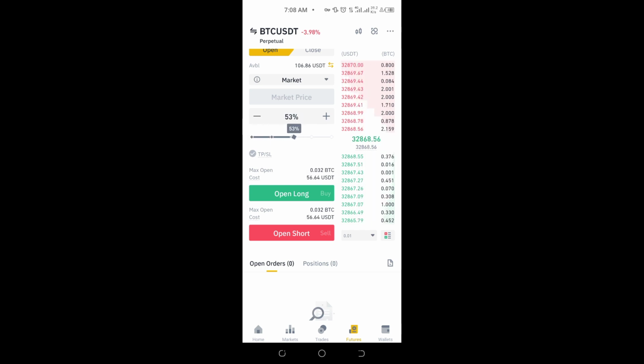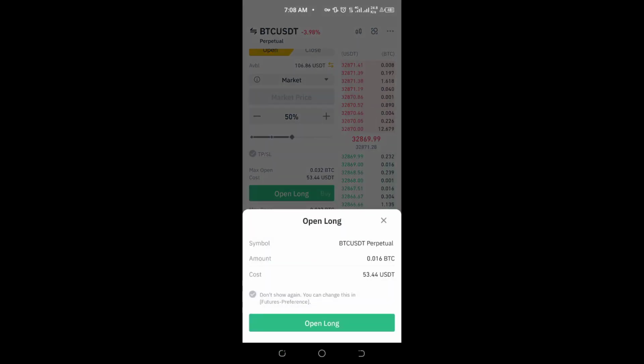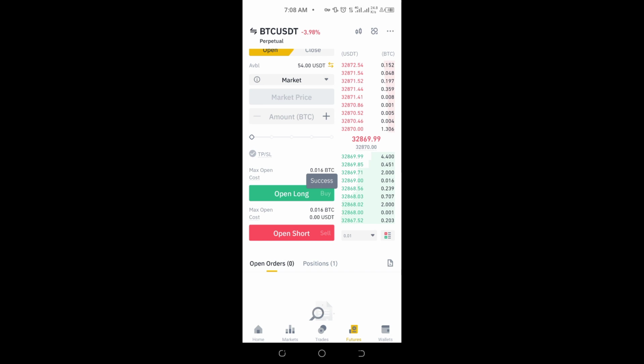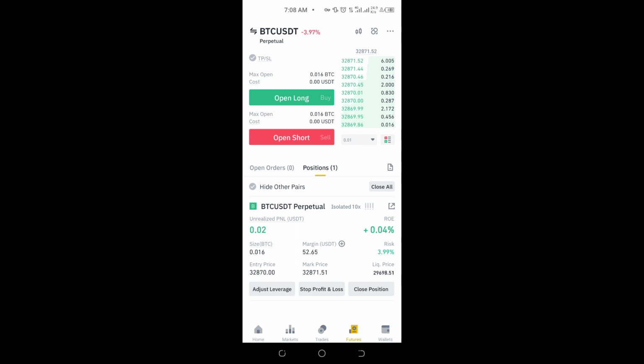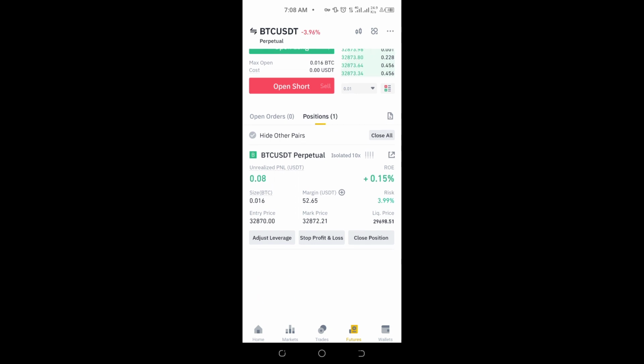Let's say we want to trade 50% of the $106 we have. So we click on buy. Successful. So this is the position here. It is open, and we are currently making a little profit.